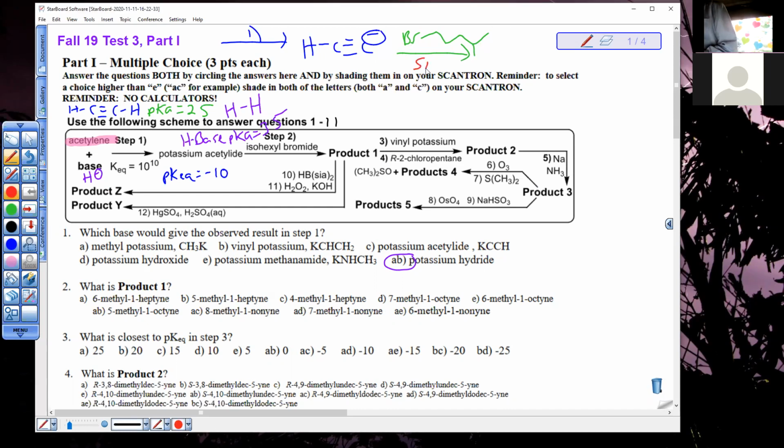It's the only synthesis we know so far. And you get a backside attack on the carbon with the halogen. And you get an alkyne that's still terminal. It's got a new bond right here to a 5-carbon chain, 1, 2, 3, 4, 5 with a V on the end.